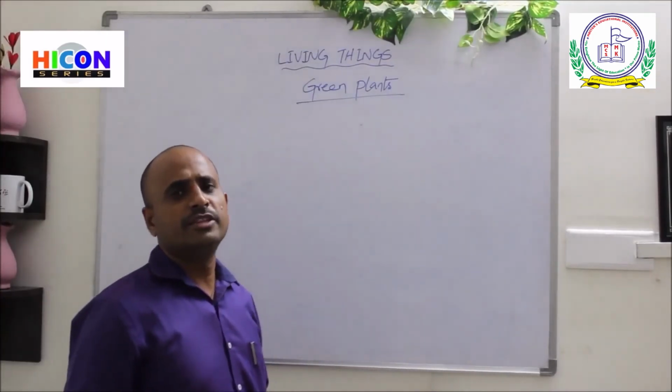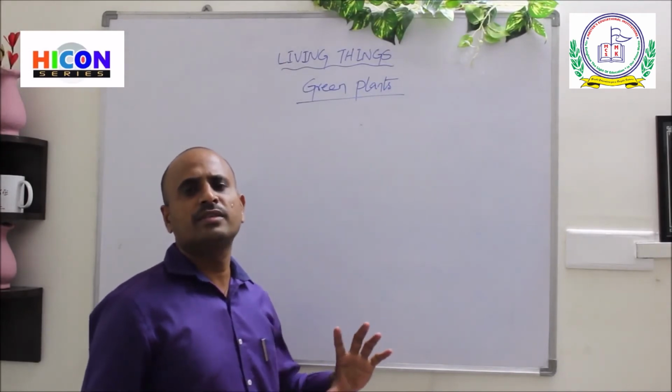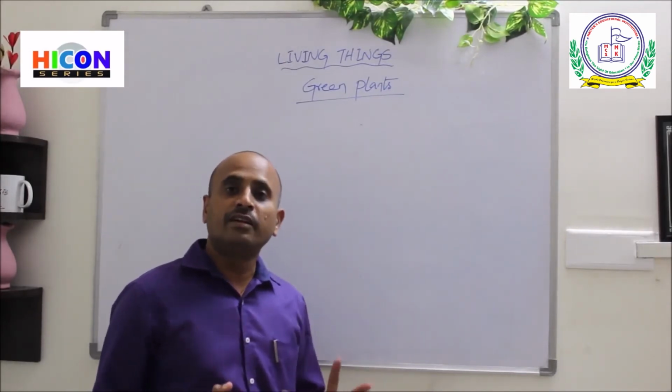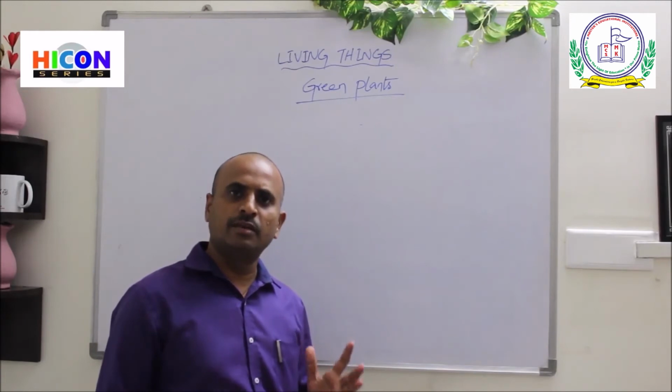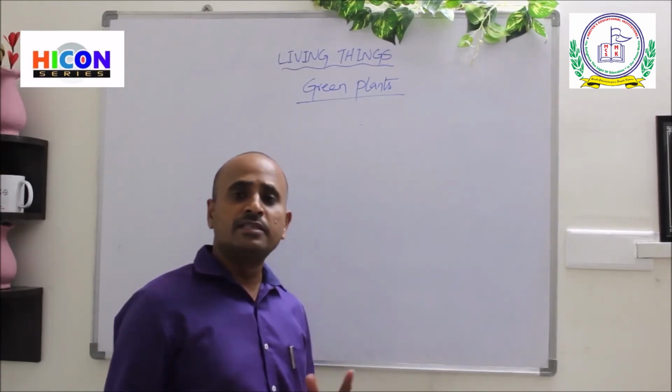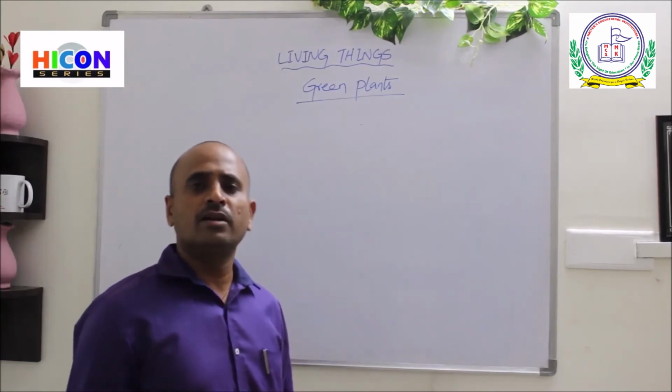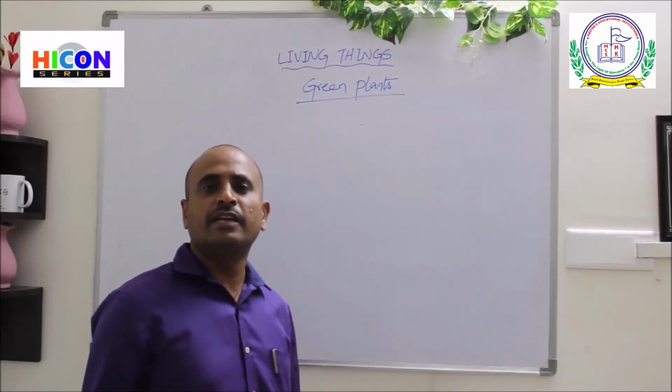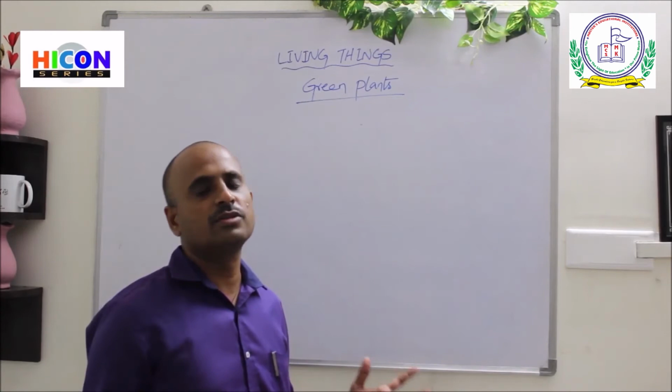So children, in this chapter, up to now we have discussed different types of plants, that is terrestrial plants, aquatic plants and insectivorous plants, and also discussed examples for those plants.